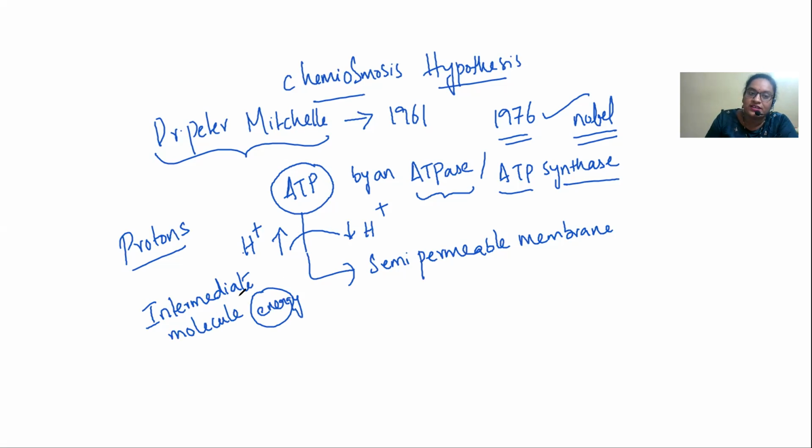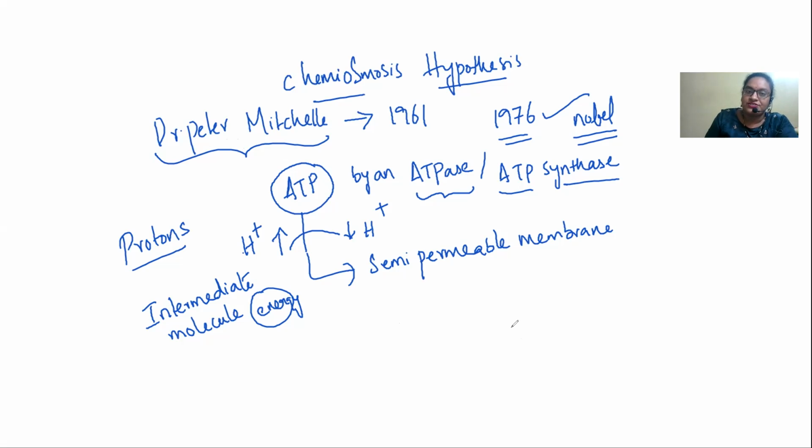They did not accept that this movement of protons from higher to lower concentration resulted in an ATP molecule by this enzyme. According to them, the energy was present in an intermediate molecule. But in 1976 this was proved right, and he was awarded the Nobel Prize in chemistry for this chemiosmosis hypothesis.